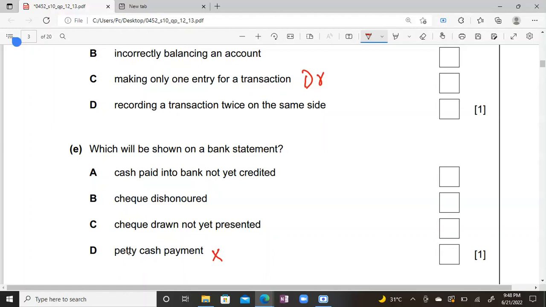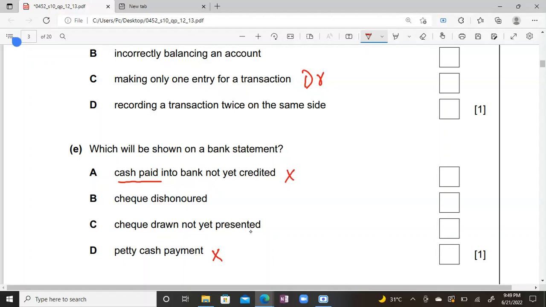No bank transactions are involved here. Cash paid into the bank, not yet credited. Sometimes even when the cash is deposited it takes processing time, and the bank has not yet credited that amount, so it is not recorded in the bank statement.